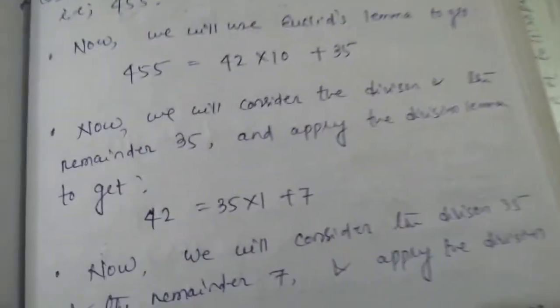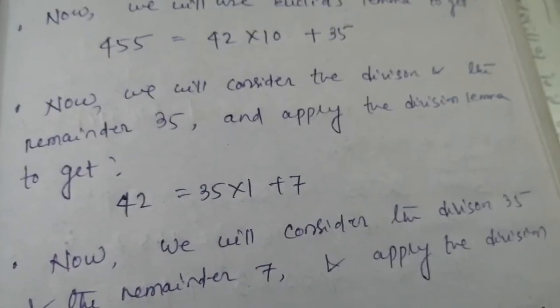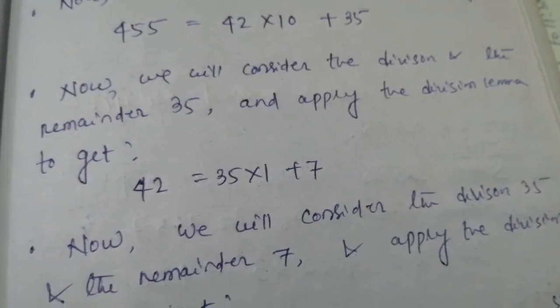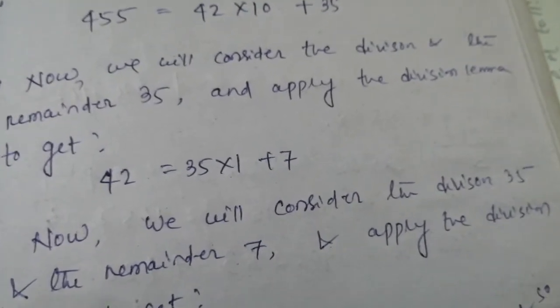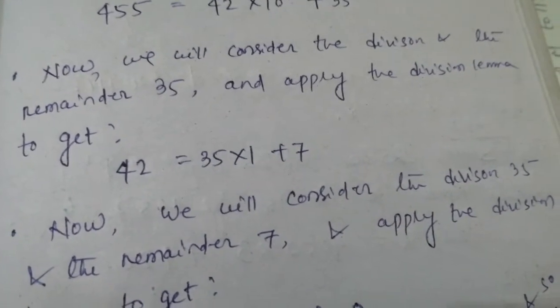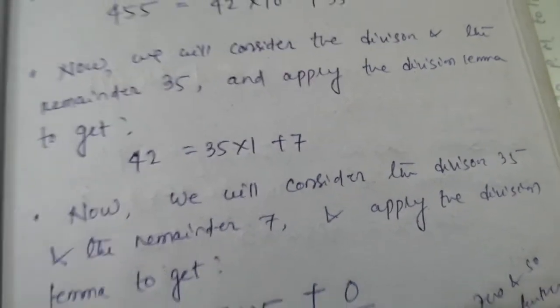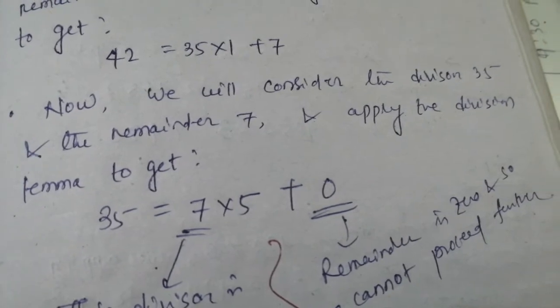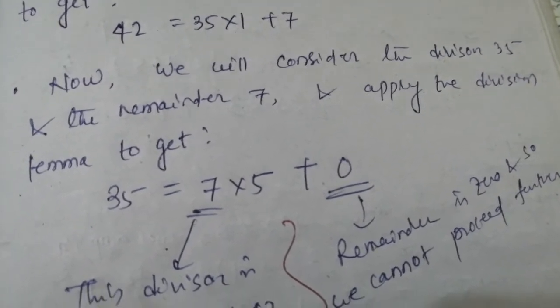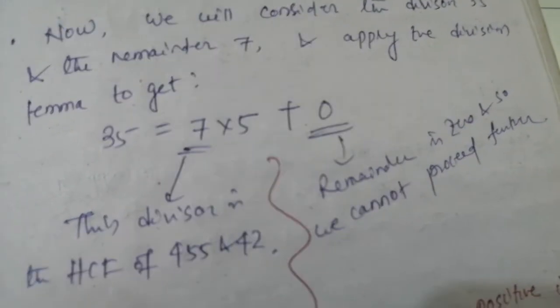Now we consider the divisor and the remainder 35 and apply the division lemma to get 42 equal to 35 into 1 plus 7. Now we consider the divisor 35 and the remainder 7 and apply the division lemma to get 35 equal to 7 into 5 plus 0.